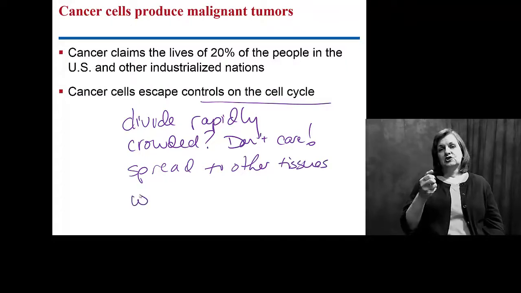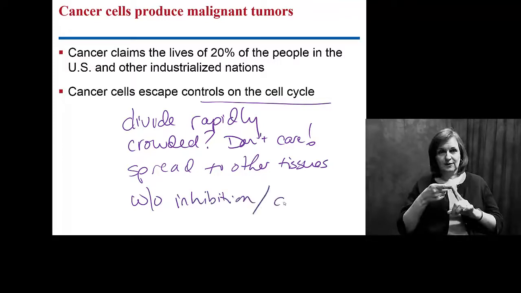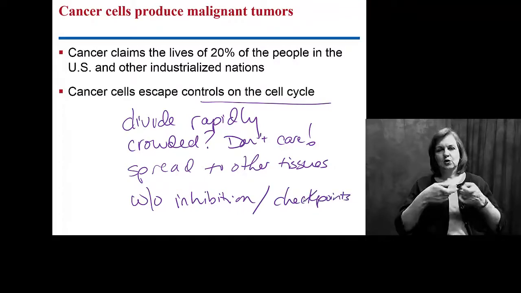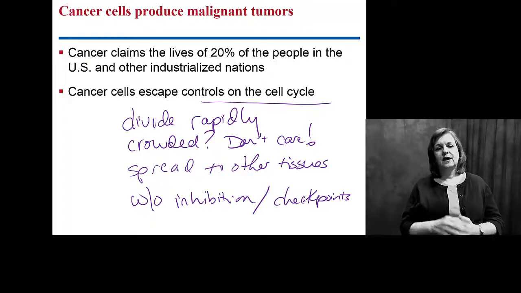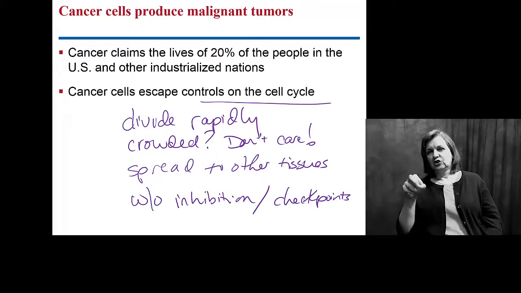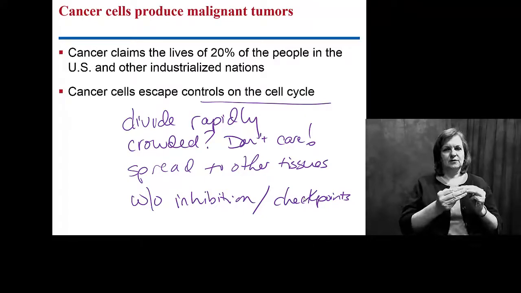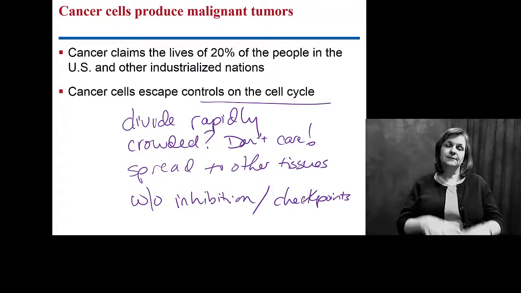So without inhibition or without checkpoints, cells can go into a cancer state or uncontrolled cell division fairly easily. Now, we do look at mutations in the cell cycle, and typically it would take at least 2 major mutations to have cells start into a cancer state like this, but it does occur.